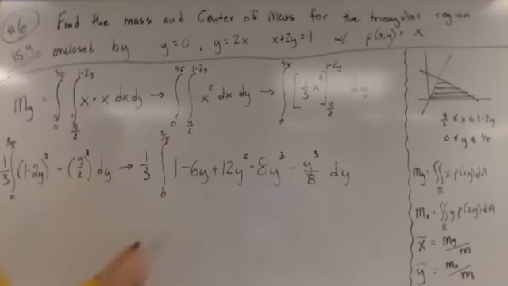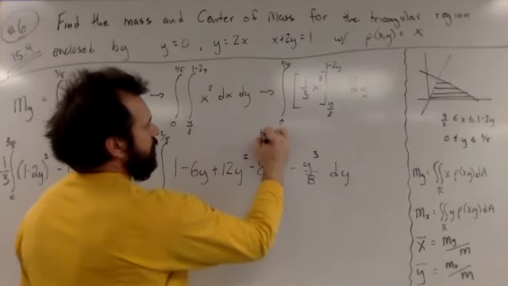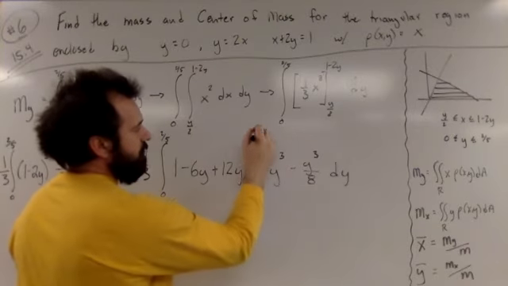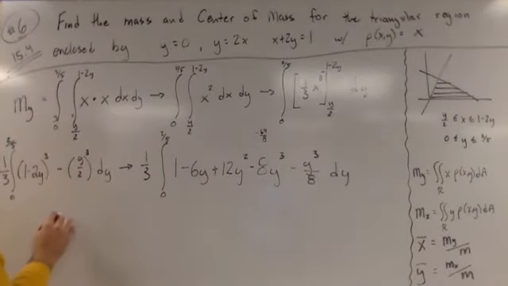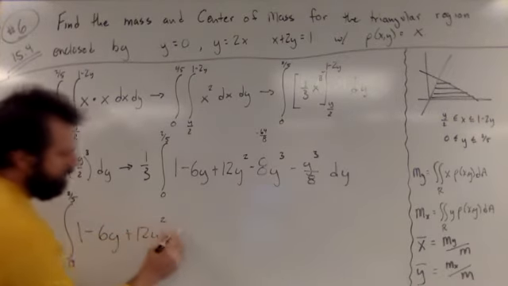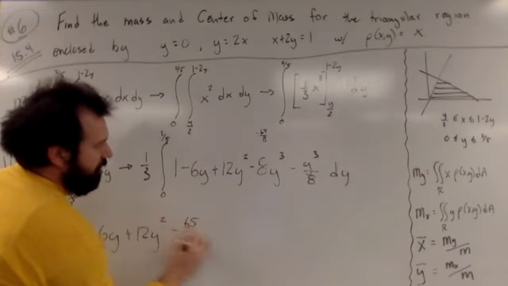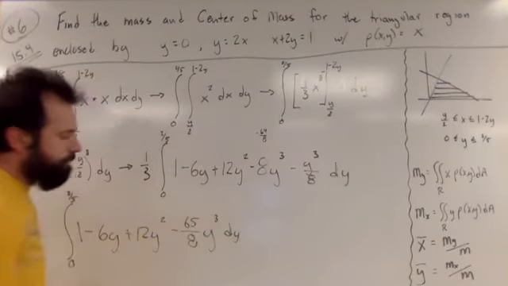Now I need to combine these two like terms. This will be 64 over 8, so minus 64 over 8 minus 1 more would be minus 65 over 8. So this is going to turn into the integral from 0 to 2/5 of 1 minus 6y plus 12y squared minus 65 over 8 y to the third, dy.